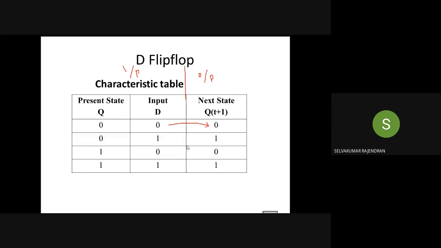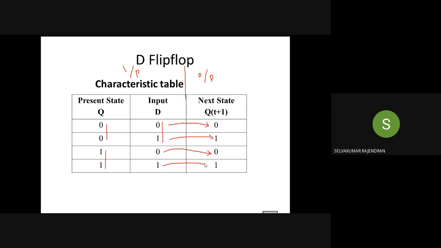Okay, that can be observed from this table. Present state value 0, here we are applying input 0 and 1. That data will be available on the next state value. Even though the present state value is 1, if D is 0, that will be applied to the next state value.